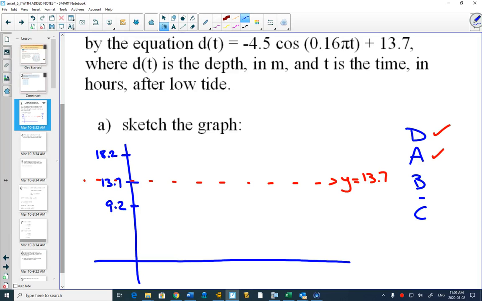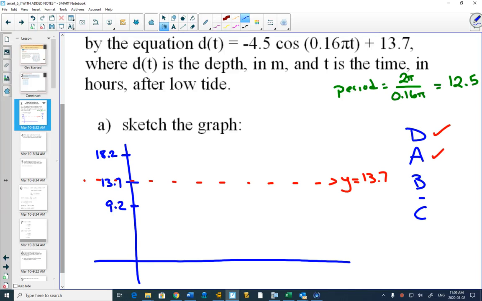Now your B value helps you calculate your period. Remember we have the formula that your period is equal to 2 pi divided by your B value, and in this case our B value is 0.16 pi. So we'd have to go to our calculator, type that in, and I happen to get 12.5.